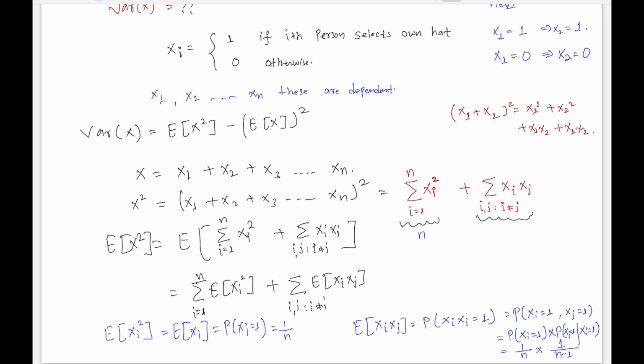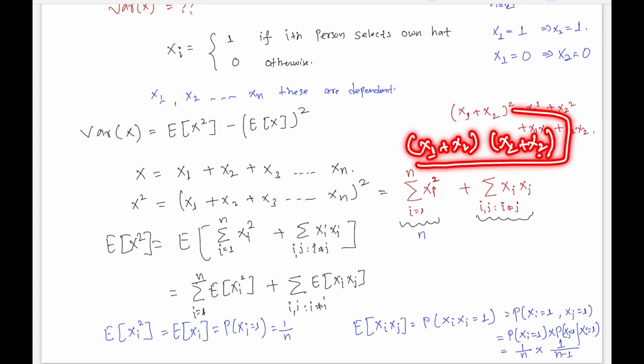And how many of these other terms will be there? You can think of it like this: if you have x1 plus x2 times x1 plus x2, how many terms will be there? There will be n square terms, right?